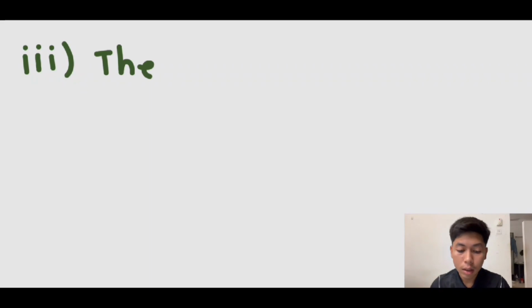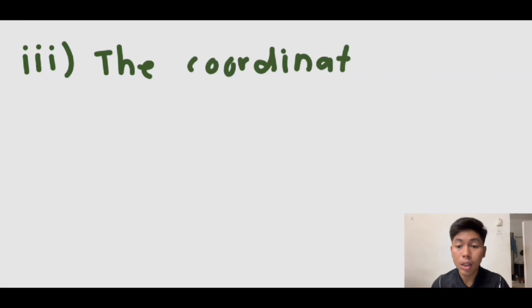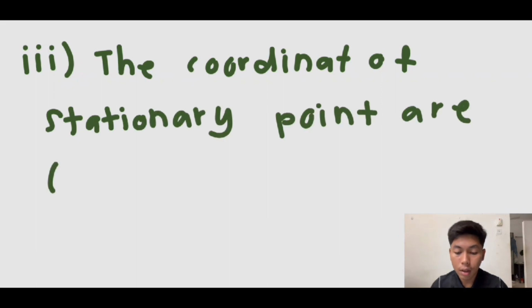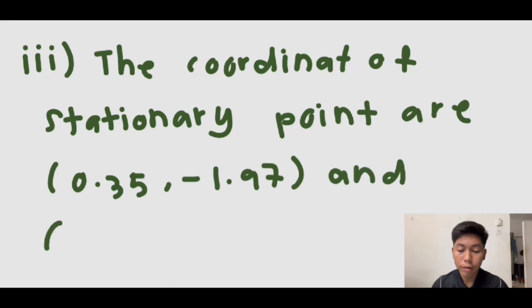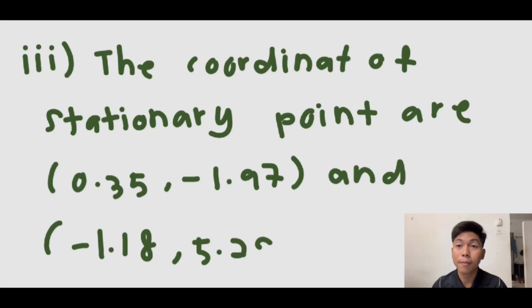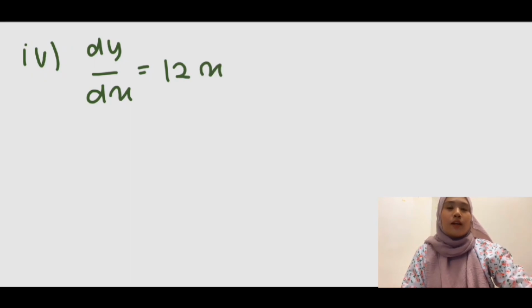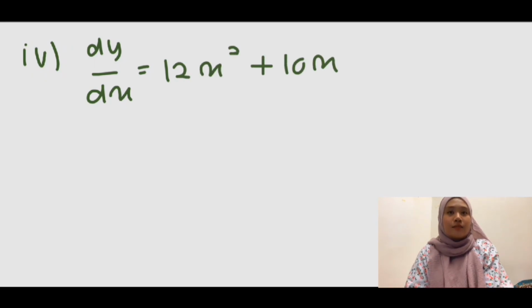Number 3, the coordinates of the stationary points are (0.35, negative 1.97) and (negative 1.18, 5.29).